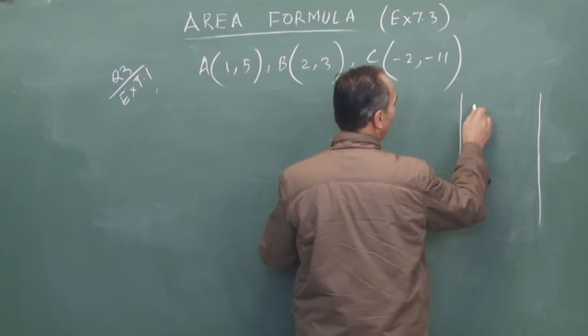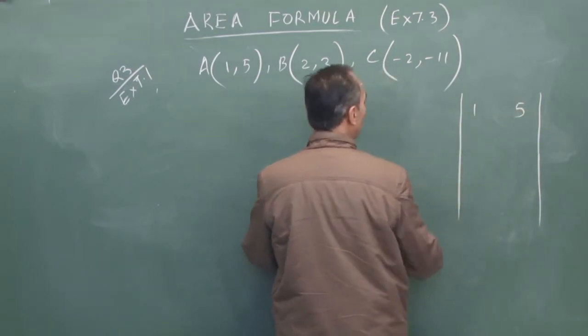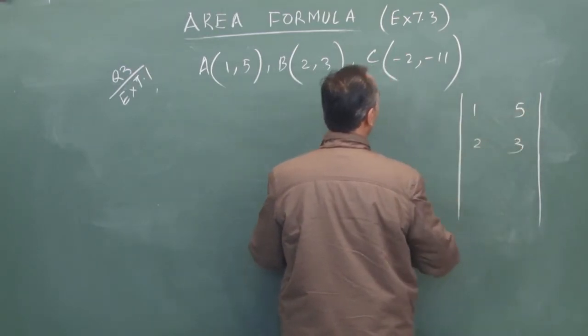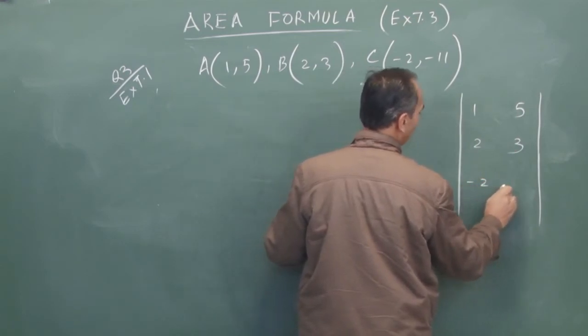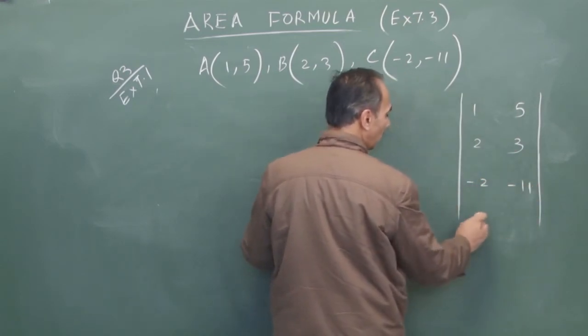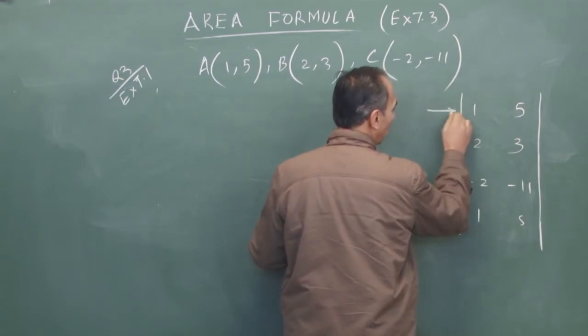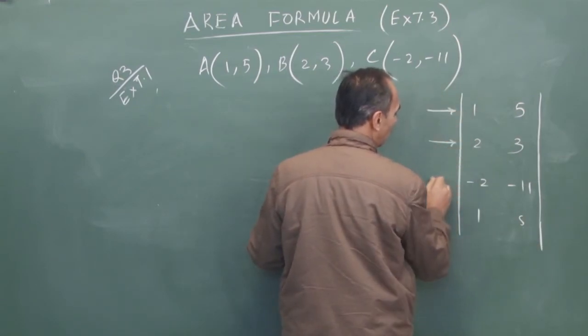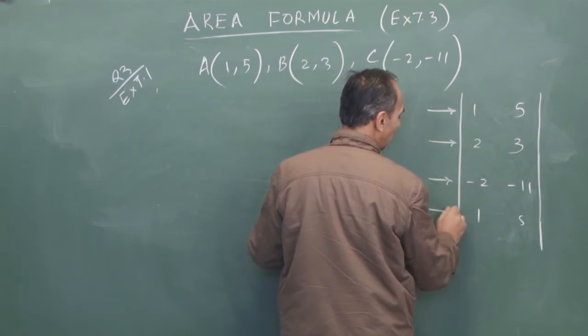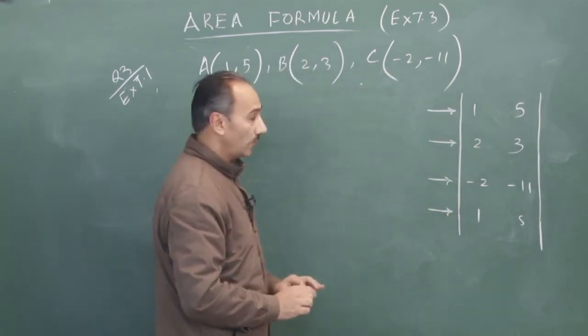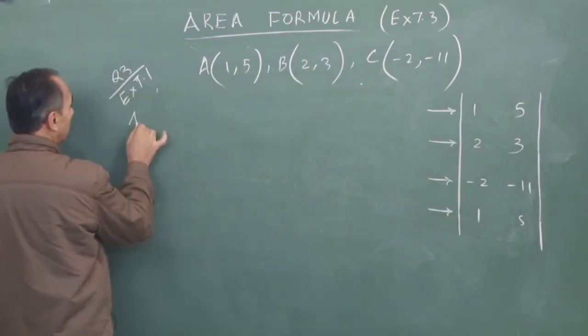Coordinates of A, 1, 5. Coordinates of B, 2, 3. Coordinates of C, -2, -11. And again, coordinates of A. This is row 1, coordinates of A, row 2, coordinates of B, row 3, coordinates of C, and again coordinates of A. So apply the area result.